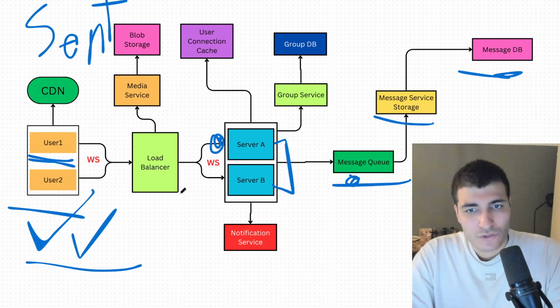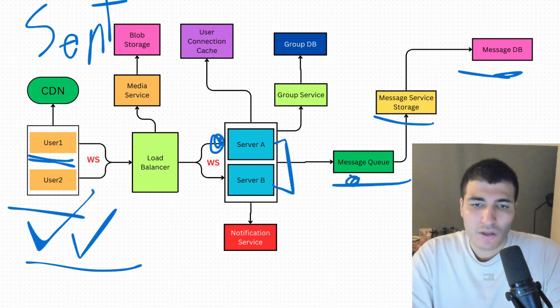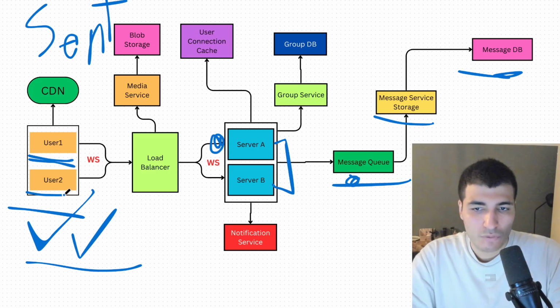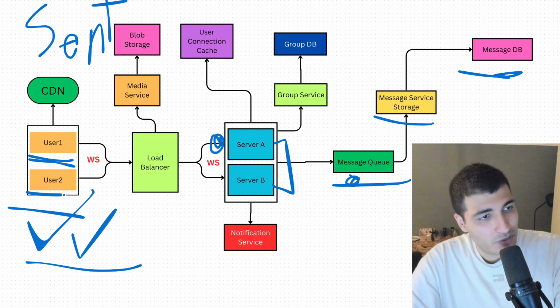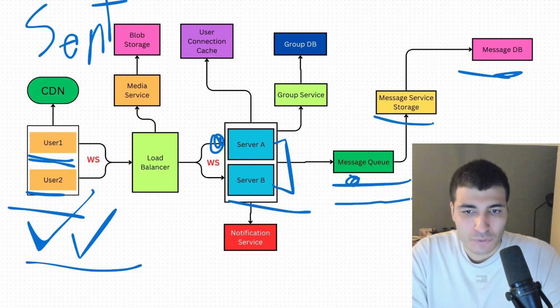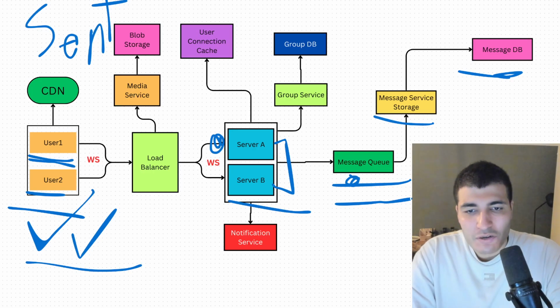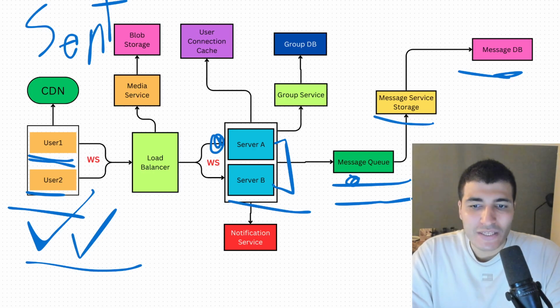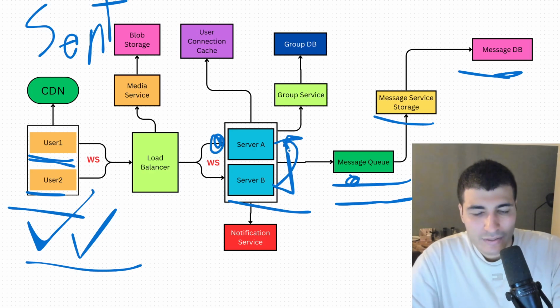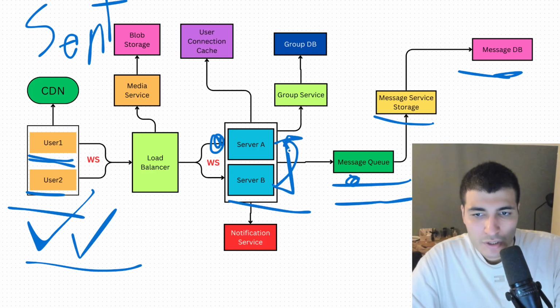Now let's talk about the message read flow. First, user 2 opens the chat. That triggers a read acknowledgement to server B. Server B logs this in the message queue. After that, server B forwards the read status to server A. Server A sends a real-time update to the user 1 app.